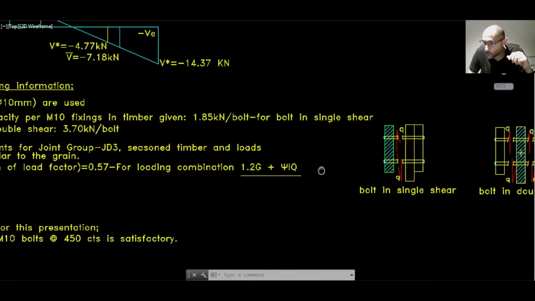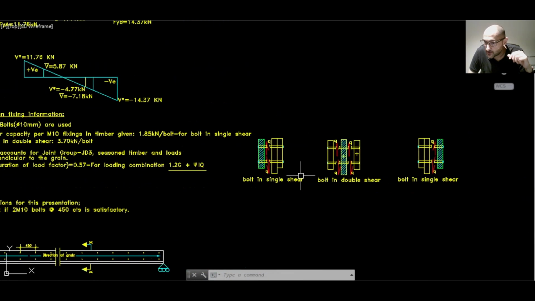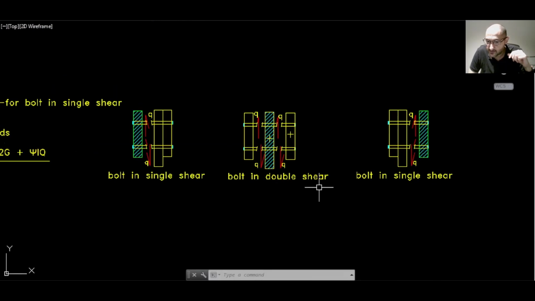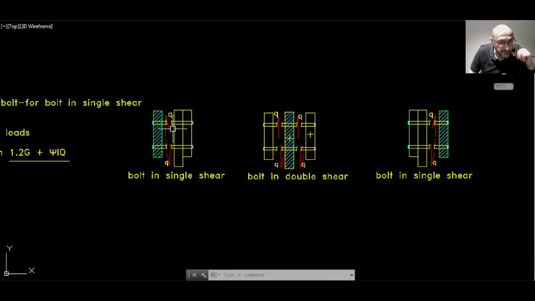Just to recap single shear and double shear, if you have a look here on our right, a single shear is basically if the bolts shear in one location only. So if we take this hatched part away from the rest of the section, then the bolt capacity we take in this case would be 1.85 kilonewton.